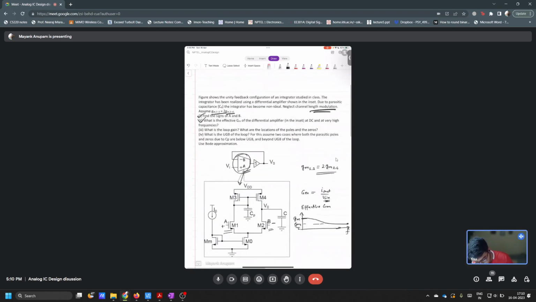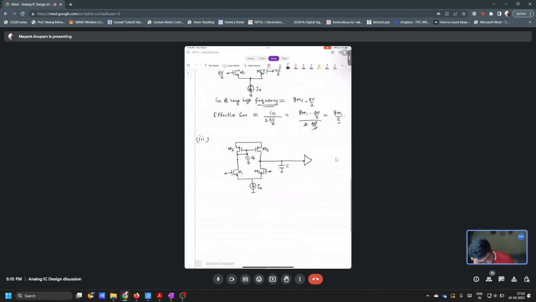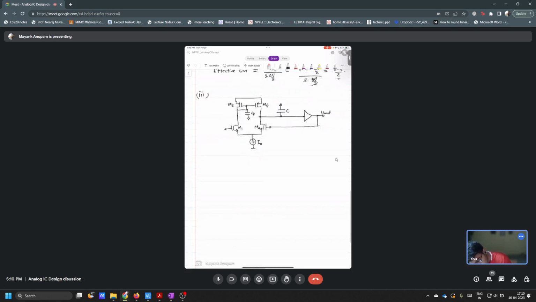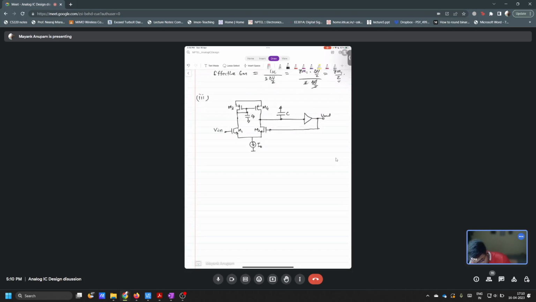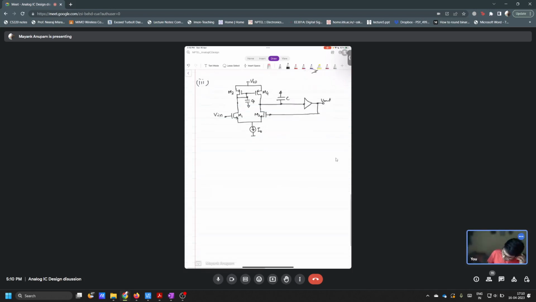This is a buffer with a gain of 1. And now its output is connected to what? The negative terminal, isn't it? Which is this. Correct? And this is your Vn. Okay? So tell me what will be the loop gain here? What will be the loop gain?